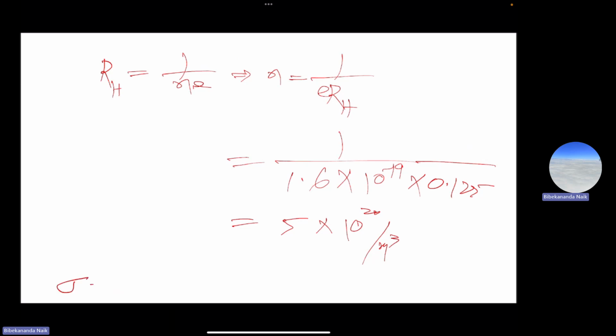Then sigma is N e mu n, N is 5 into 10 to the power 20, then 1.6 into 10 to the power minus 19 into mu, which is given as 0.35, which will come out to 28 ampere per volt meter.